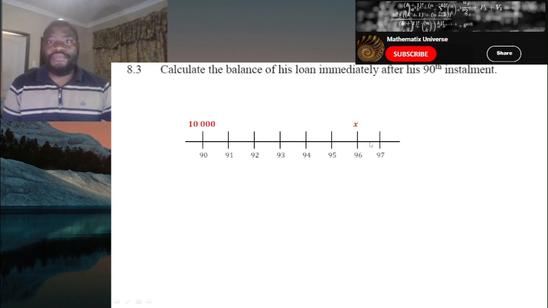So there'll be this new amount that's being paid until the end, where we get our loan repaid in full at the end of 182 months. So there'll be the same axis here up until the last payment. So let's see how to calculate the balance here at T90.